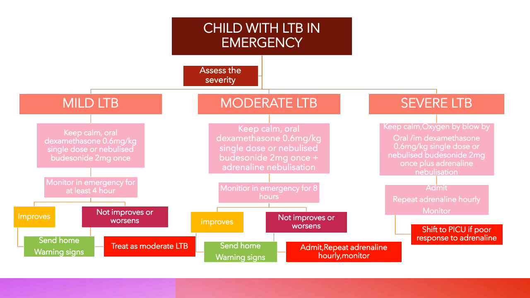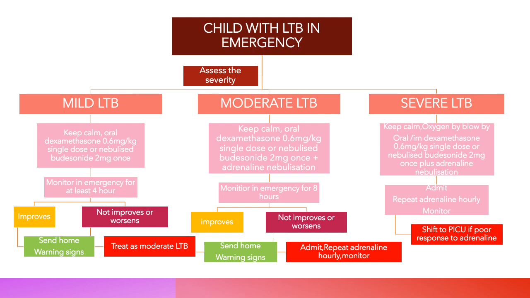After 8 hours, if the child improves, again the child can be sent home with the warning signs being explained to the parents. If the child does not improve or worsens, the child should be admitted and repeat adrenaline nebulization should be given hourly, and the child should be monitored continuously.